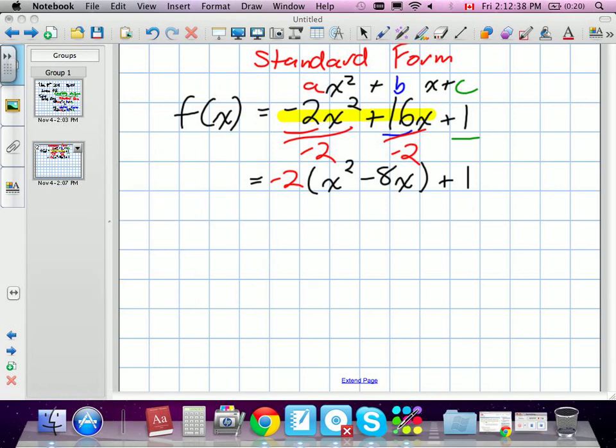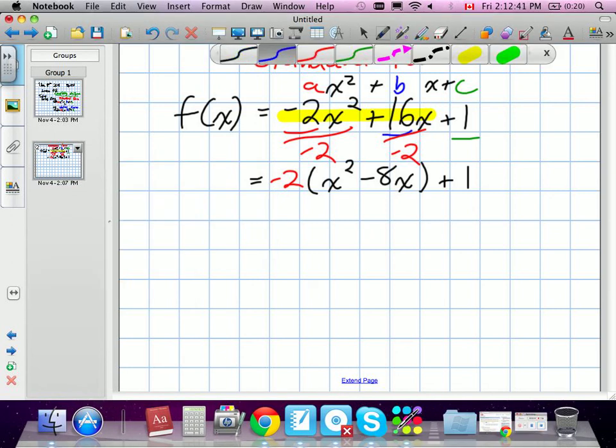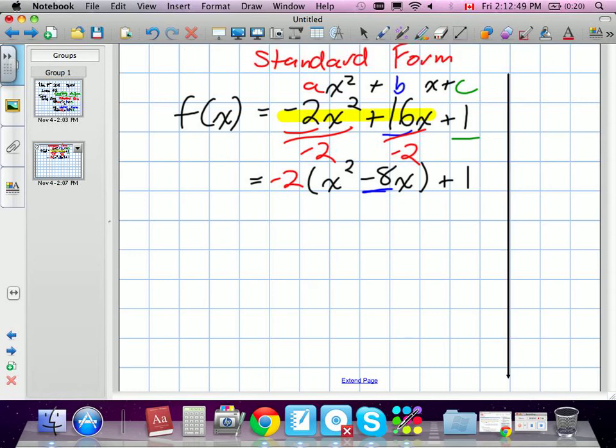Okay, so now what we have is essentially a new b value, okay? Our b value is now -8. You need to take that b value, and we're going to do this as a side calculation, okay? What we're going to do with that b value, whatever it is, we're going to divide it by 2 and square it, okay?